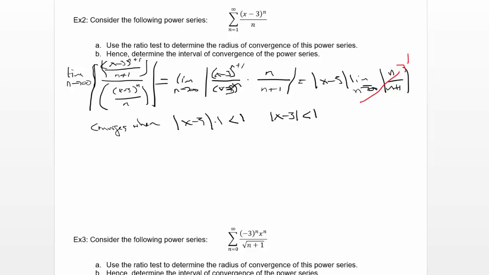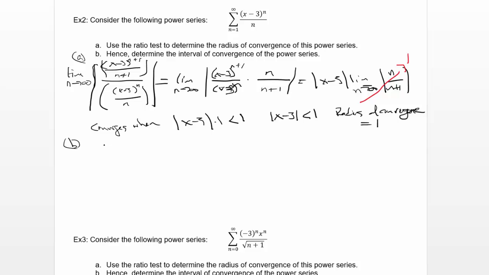This tells me, well, I've gotten the absolute value of x minus 3 by itself, this tells me that the radius of convergence is 1. We're going to use this now to determine the interval of convergence.